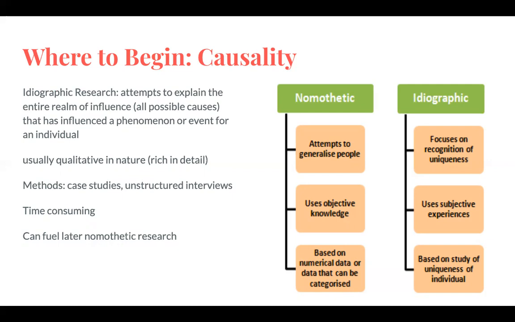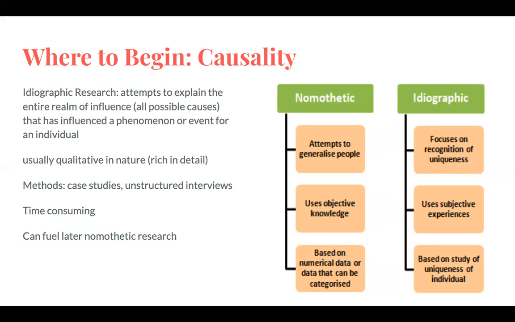Now, another type of research that sociologists do is idiographic. This is an attempt to explain the entire realm of influence, all possible causes that influenced a phenomenon or an event for an individual, because you're trying to identify all the things that could have made a person who they are or impacted their behavior or their decision.